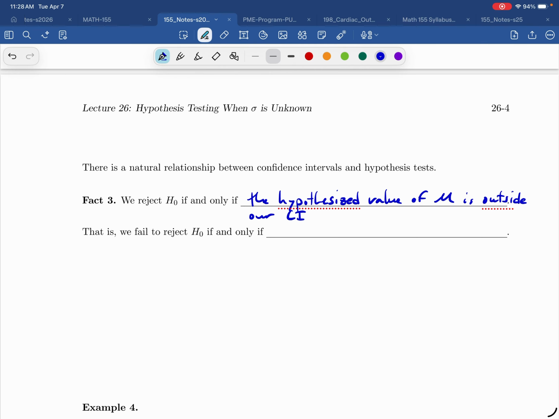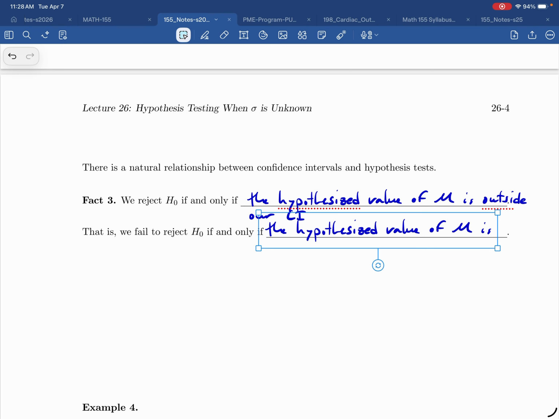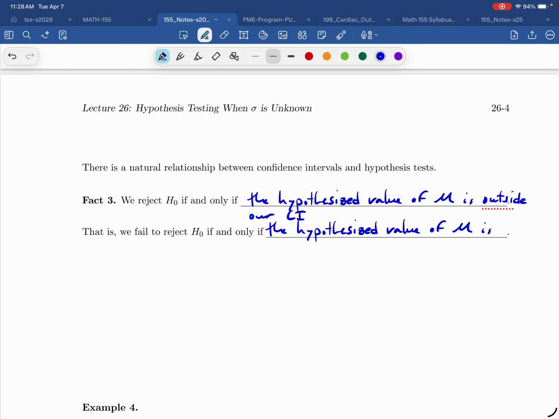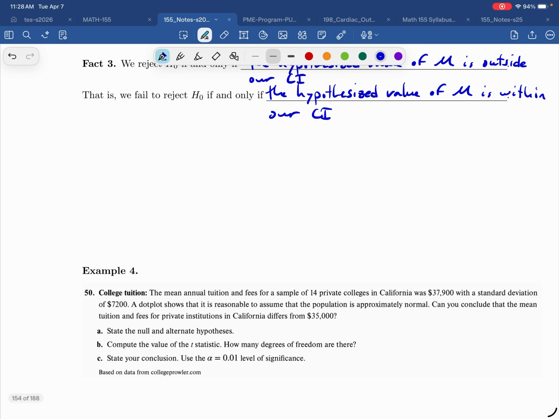And we fail to reject the null hypothesis if and only if the hypothesized value for mu is within our confidence interval.